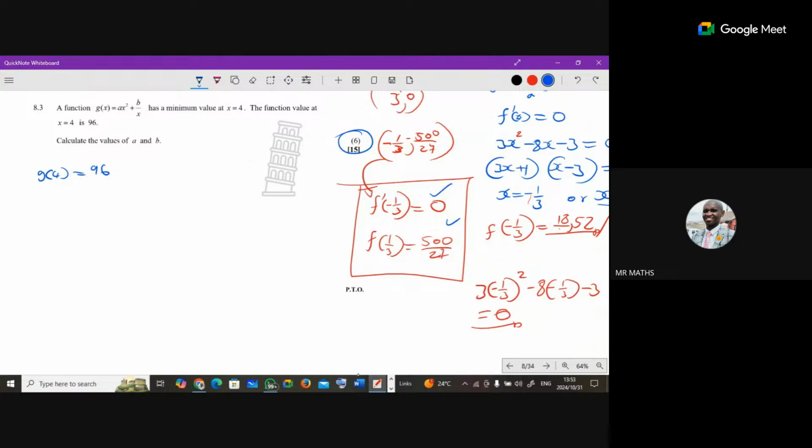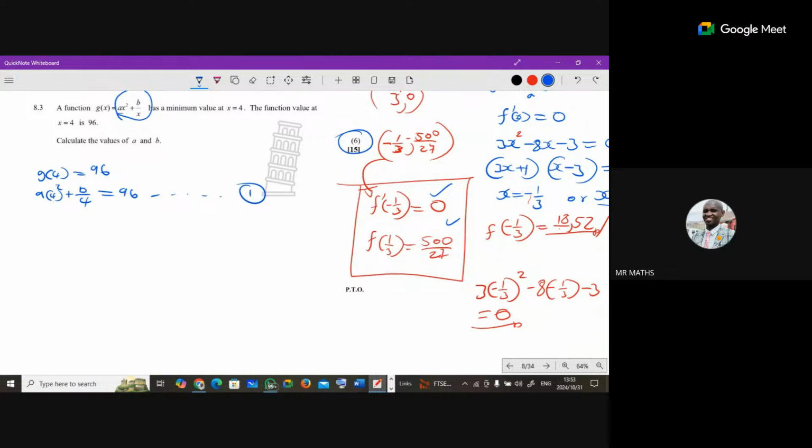Here where there's g of x, wherever there is x we put 4, so we will have a into 4 squared plus b over 4 is equal to 96. We can say this is our first equation. Are we together? Yes, sir.